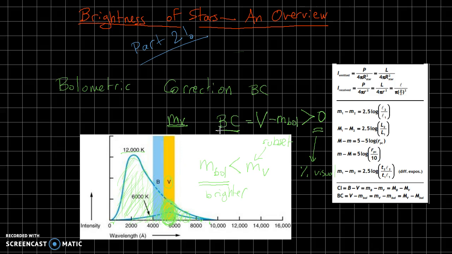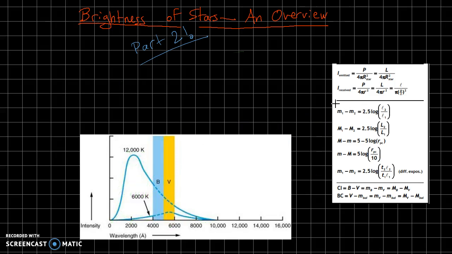So you would expect a star like the sun to have one of the smallest possible values for bolometric correction, and very hot stars and very cold stars both will have a smaller percentage of visual light and therefore a larger bolometric correction.